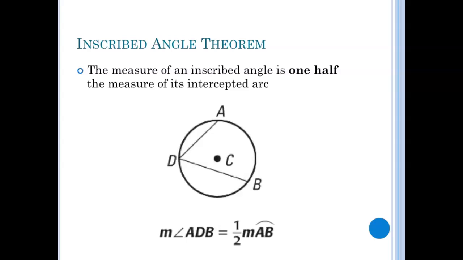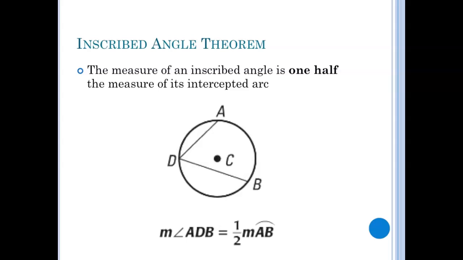But once you have the measure of arc AB, if you find half of that measure, that gives you the measure of angle ADB. That's the inscribed angle. Recall that the inscribed angle is an angle whose vertex is on the circle, not on the center of the circle.